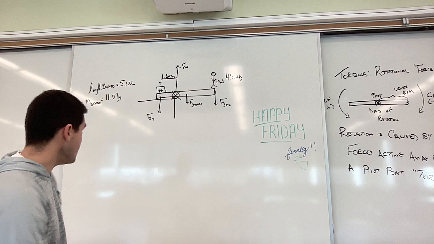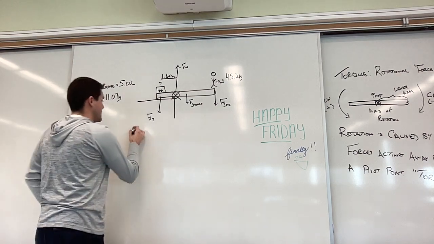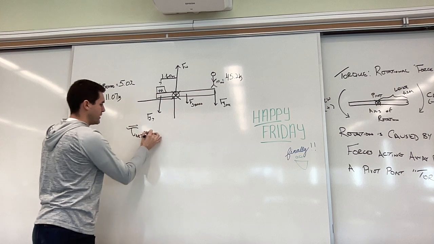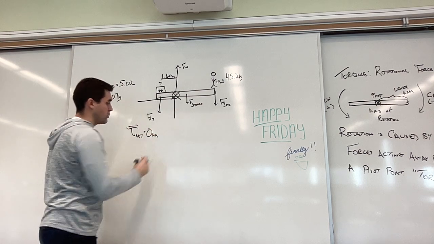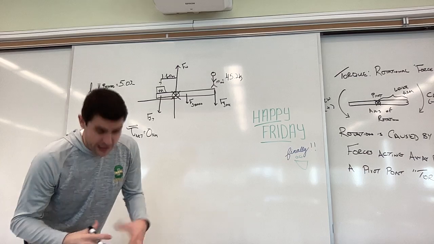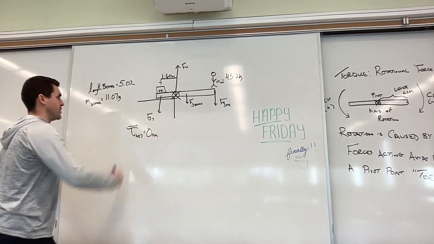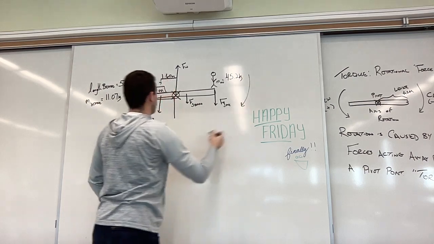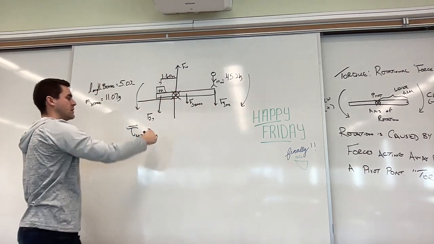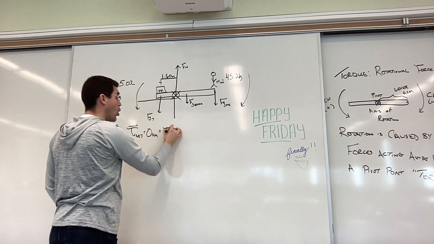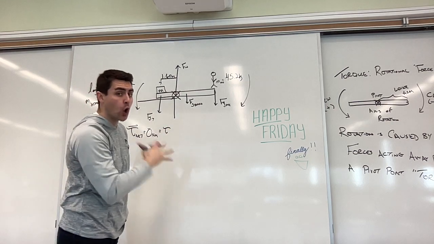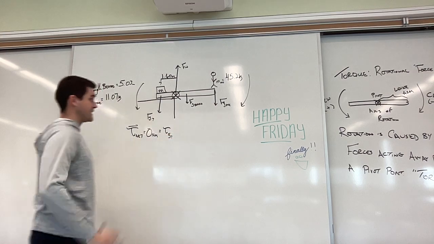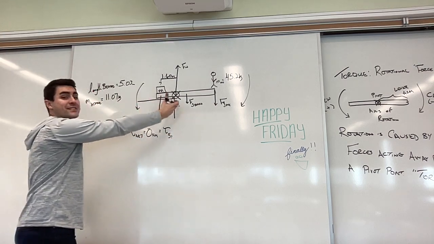Here we go. The first thing I want to do is write my net torque expression. Net torque is 0 because there's no change in rotational motion. I'm not tipping. I want to stay stationary, so it's 0. Let's think about all the forces going this way and all the forces going this way. What would cause it to rotate counterclockwise? Well, I see the torque, not F_G, the torque from the F_G of the question mark. I see that force at a distance.